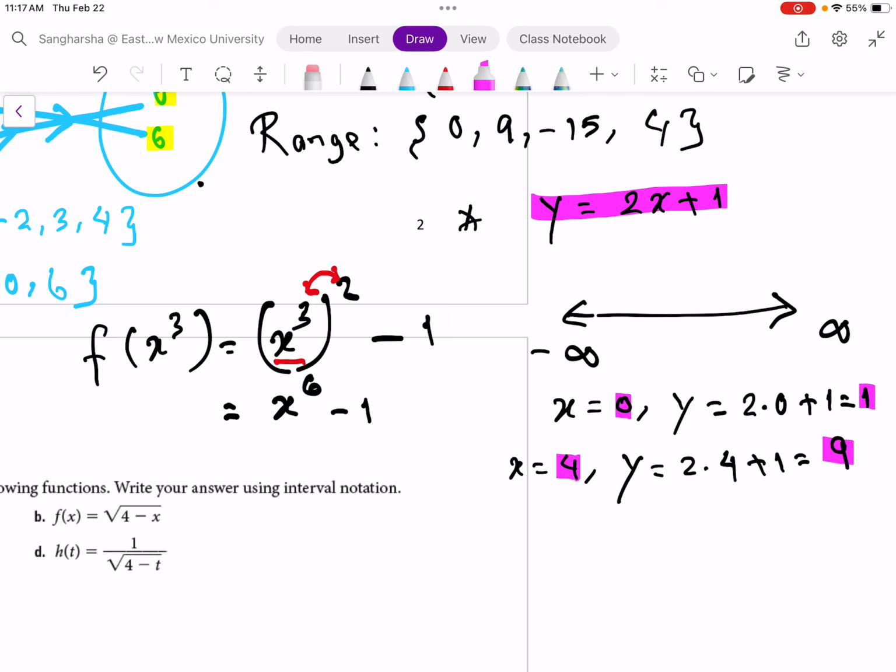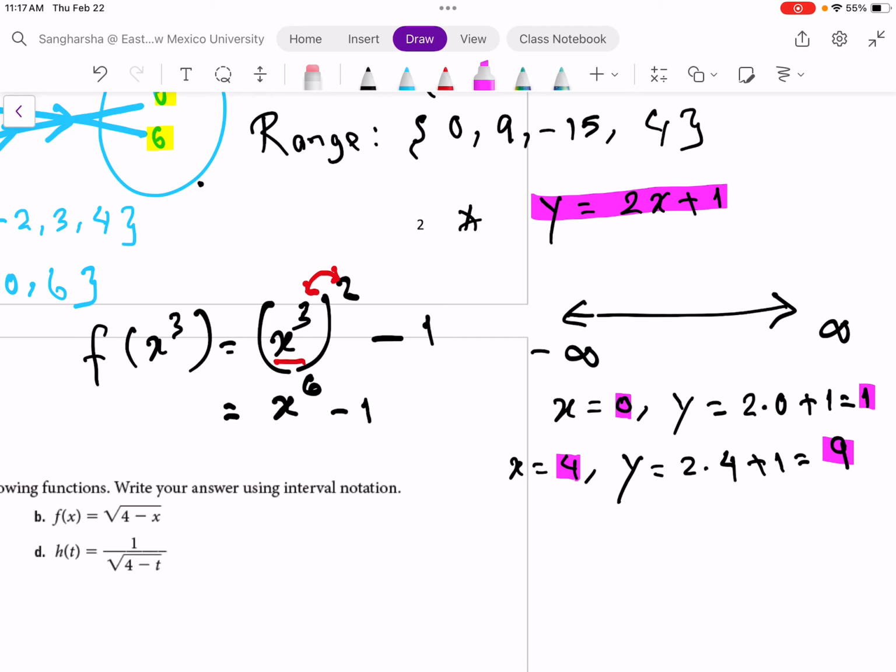Now do we have any other number that we can use as our input? That's right, we can use any number from negative infinity to positive infinity. It does not matter what number you choose, we always get an output, some real value for y. In this case, all real numbers are the domain for this function.